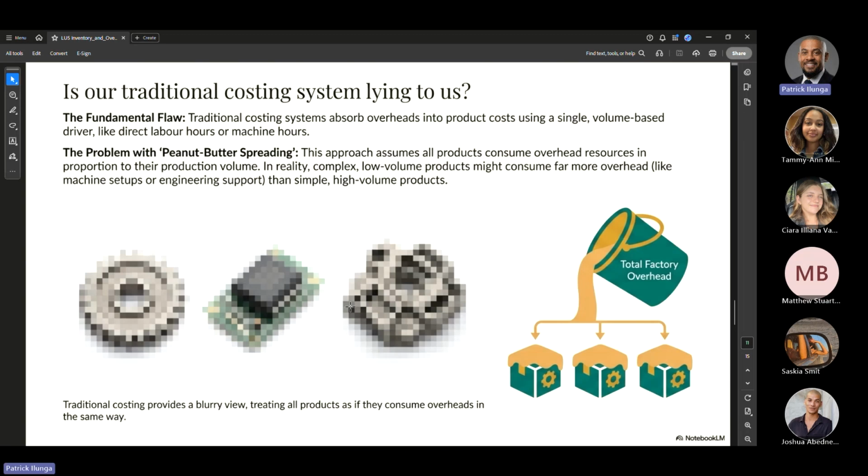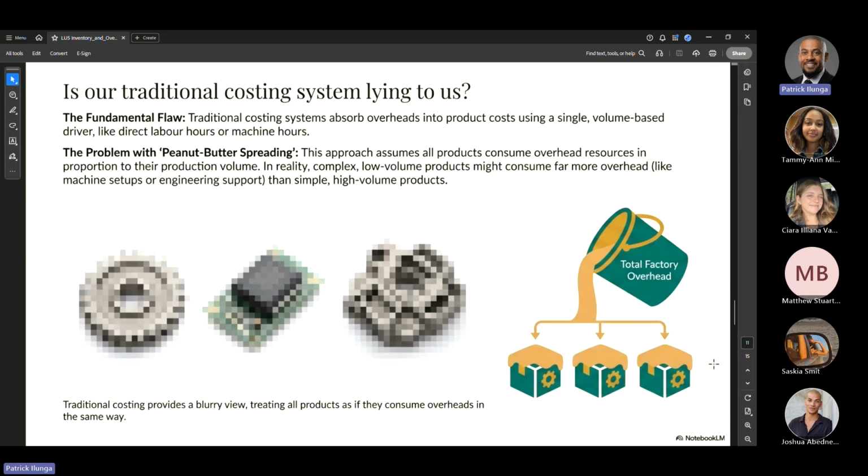It looks easy. We are spreading everything in an even way, especially with regards to the volume. But the problem is that it's not very accurate. So traditional costing systems absorb overhead into product cost by using a single volume-based driver, like we said, labor hours or machine hours.